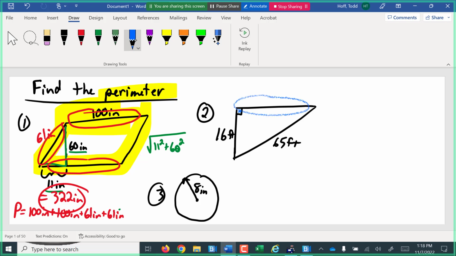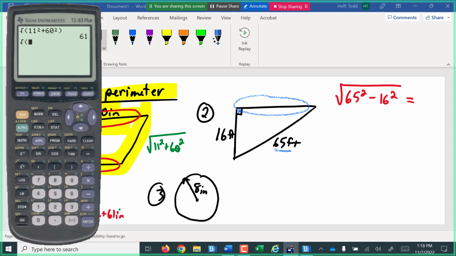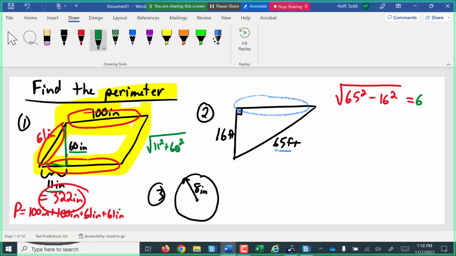Number two, we have to find the missing side again. This is a right triangle, but the missing side is one of the legs, which means we have to start with the hypotenuse and subtract. So it'll be the square root of 65 squared minus 16 squared, which gives us 63.